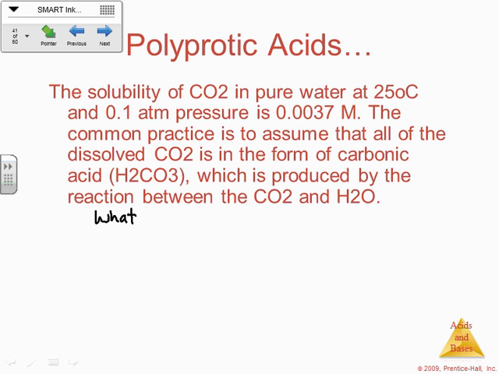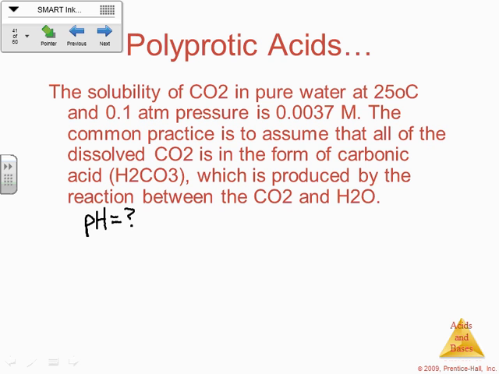Here, let's do this. pH equals what? Okay, so we could solve for the pH of this thing, because we have the 2 Kas for the carbonic acid. Now the nice thing about this one is that the first Ka and the second Ka do differ by a factor of 10 to the third or more, right?